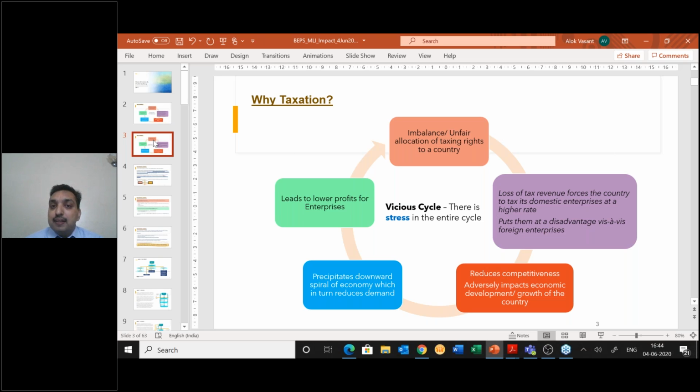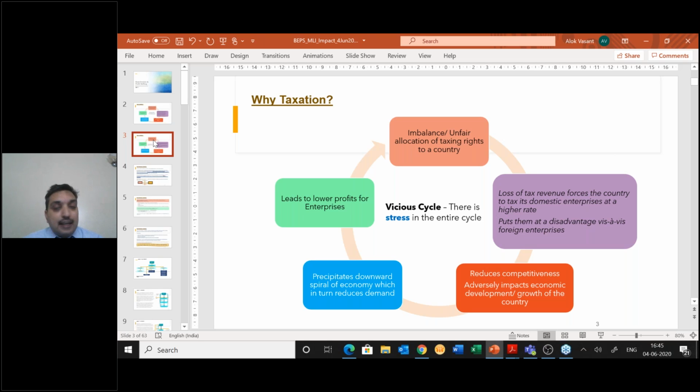Now, if there is an imbalance in the tax collection in a particular country, especially the country where there is a market jurisdiction, there is a loss of tax revenue, definitely. And this leads to that country increasing the tax rates for its domestic companies, because it has to get the resources to run the country and to do all those 5 things that we discussed in the previous slide.